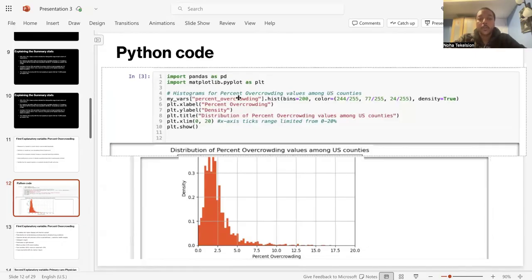I created this histogram using the .hist function. It was fairly detailed. I had bin count equal to 200. And yeah, here it is. As can be seen from the histogram, the distribution of proportion of overcrowded households among all U.S. counties is very right skewed, with most of the rates being between 0 and 5%.